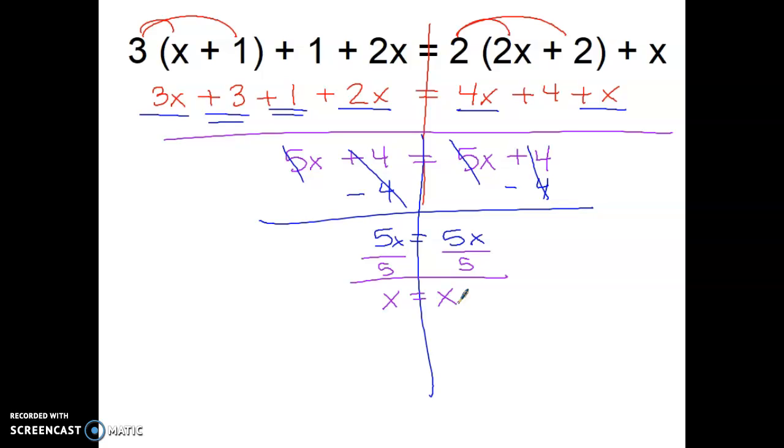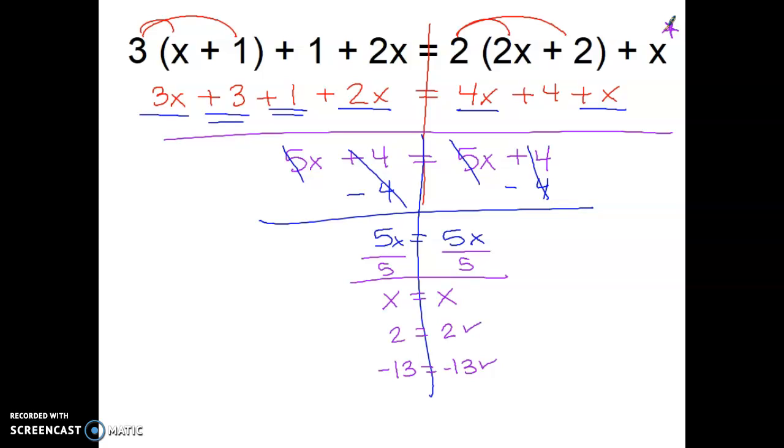That means if I plug in a 2 for my x, well, 2 is equal to 2. Yeah, that's true. If I were to plug in negative 13 for my x, well, negative 13 is going to be the other side also. That's why any number you plug in for x should give you a true statement for this equation. So that is why this equation has infinitely many solutions.